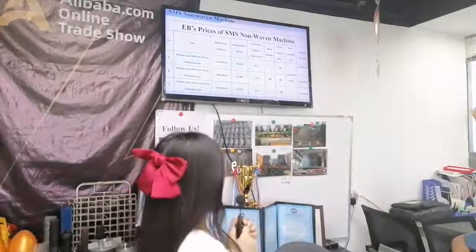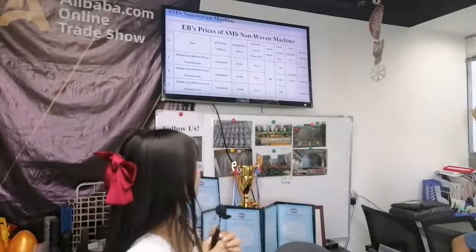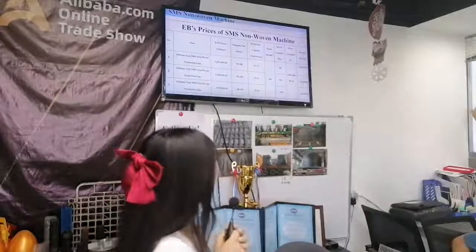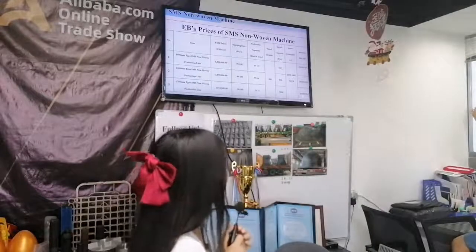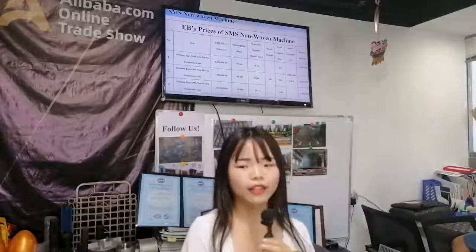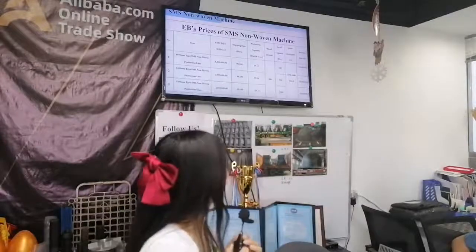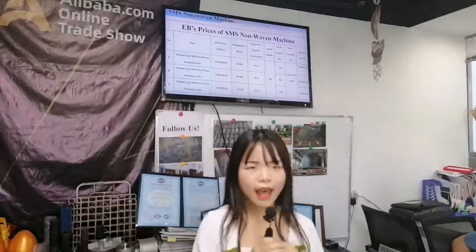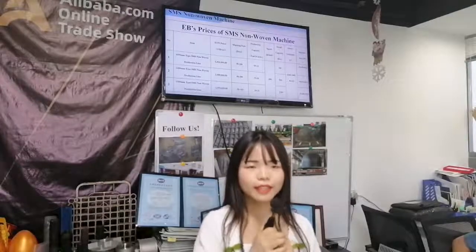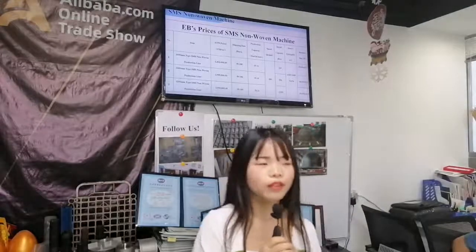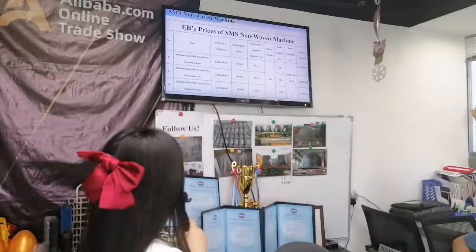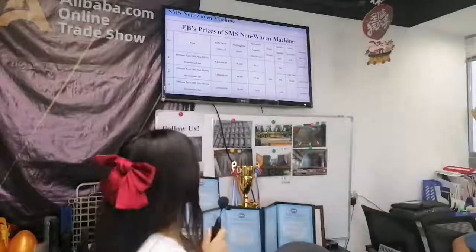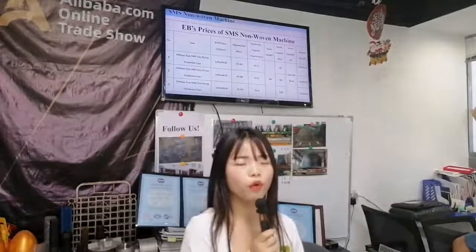Production capacity is 15 to 16 days. Install capacity 915. Machine size is 18 and 30 and 10.5. Type 3 is the 13 to 100 mm type SMS non-woven production line.